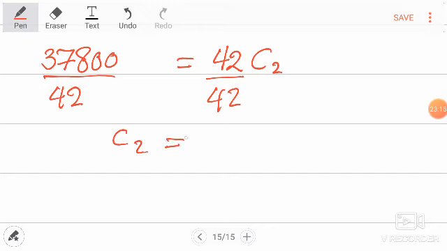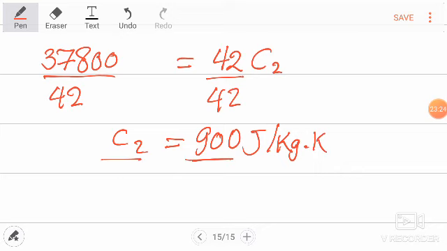C2 equals 900 joule per kilogram Kelvin, and this is the specific heat of the metal.